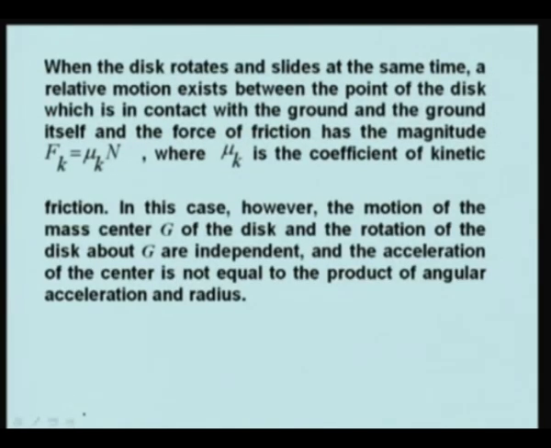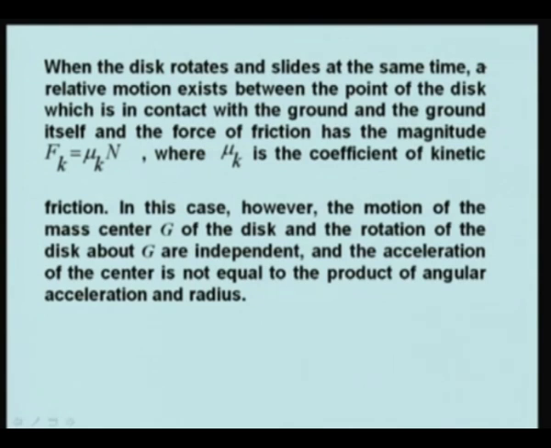Now when the disc rotates and slides at the same time, a relative motion exists between the point of the disc in contact with the ground and the ground itself, and the force of friction has the magnitude Fk equal to mu k times N, where mu k is the coefficient of kinetic friction.